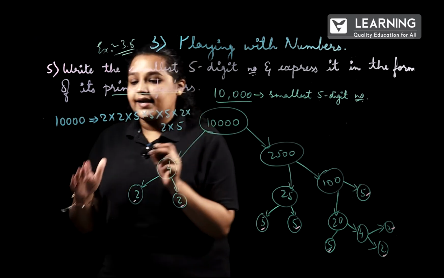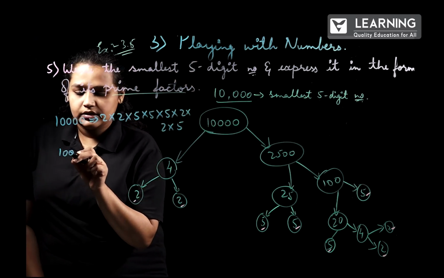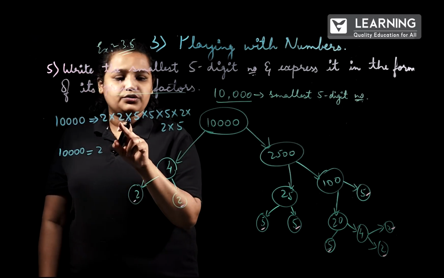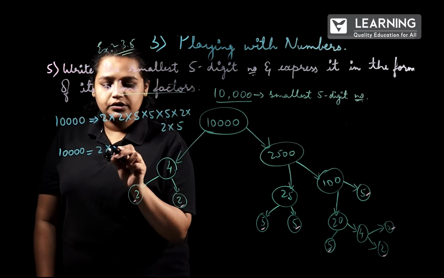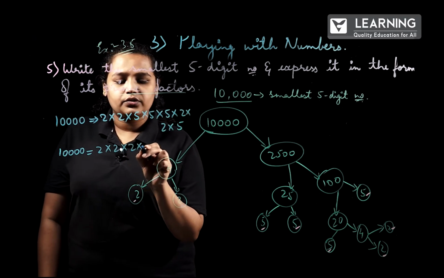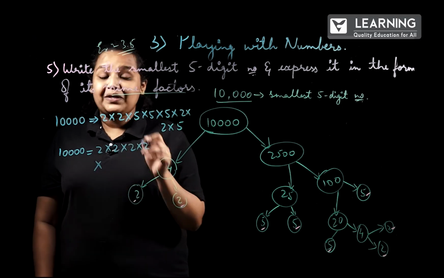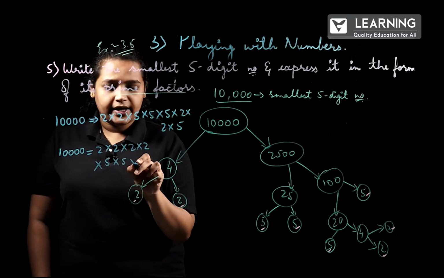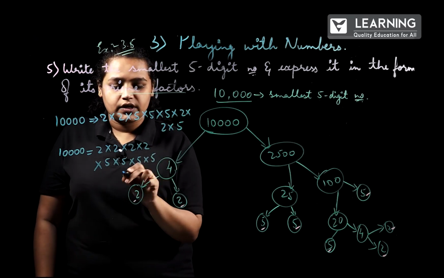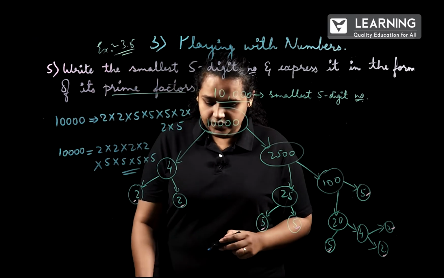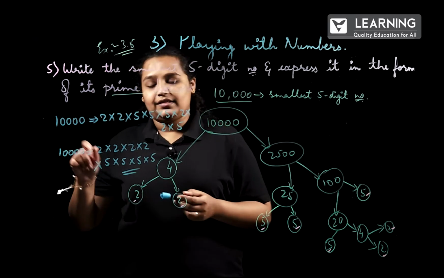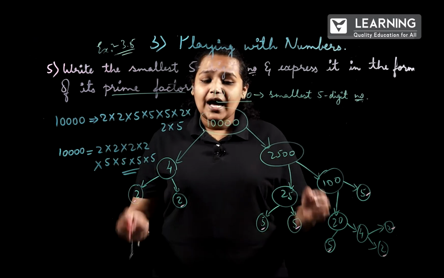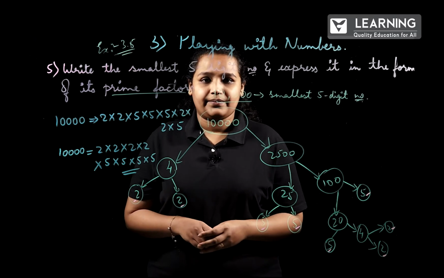So this we'll write it in a order. 10,000 it will be. How many 2's? 1, 2, 3, 4. 2 into 2 into 2 into 2 into, how many 5's are there? 1, 2, 3, 4. 5 into 5 into 5 into 5. So this is the factors for 10,000 and all of them are prime numbers, right? So this is how we'll be solving the fifth problem.